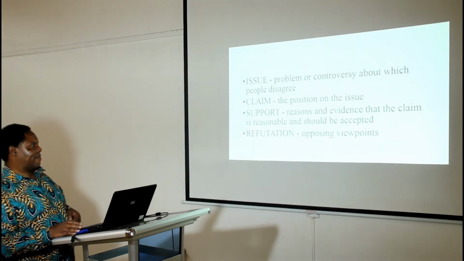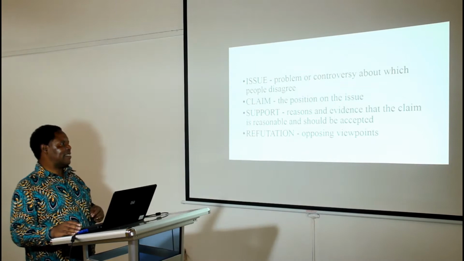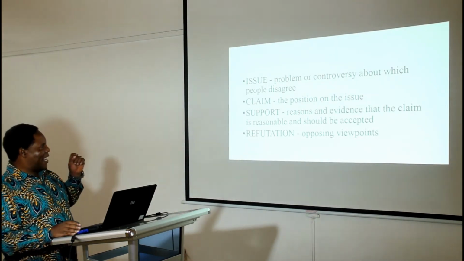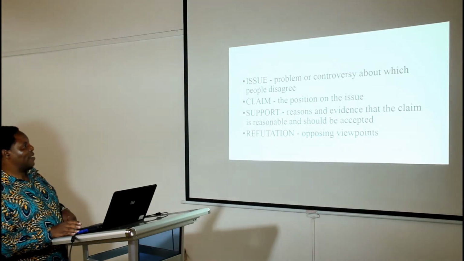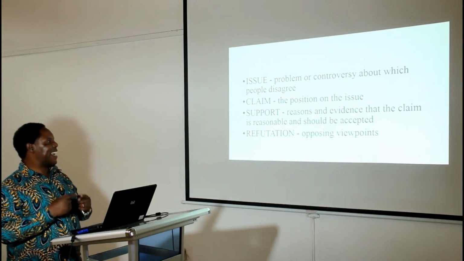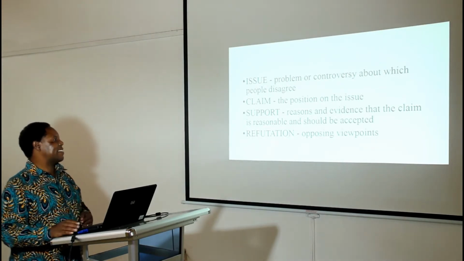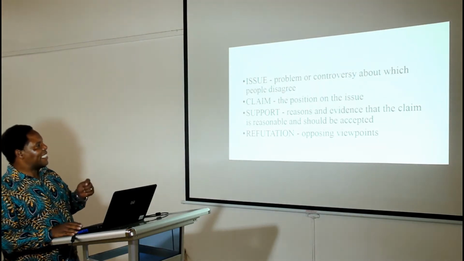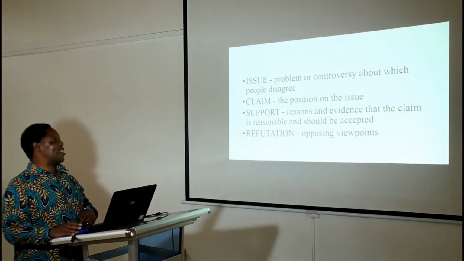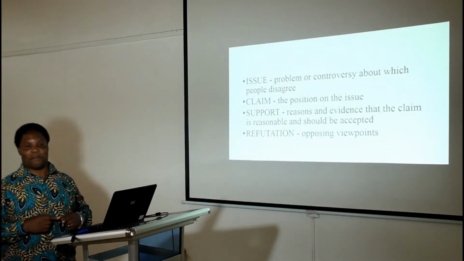The claim is the position on the issue. In order to make an issue understandable, you must make a claim, and the claim will be supported. A support is the reason and the evidence that the claim is reasonable and should be accepted.